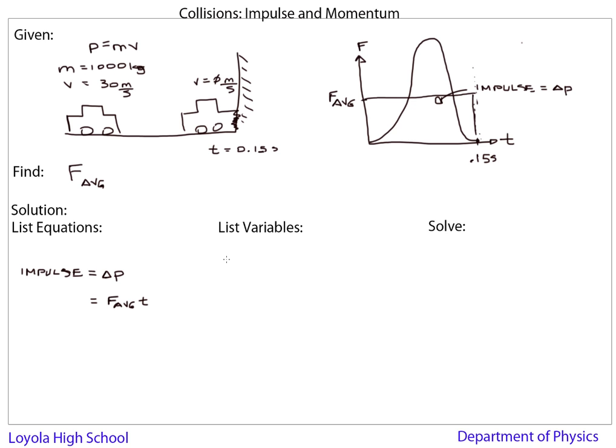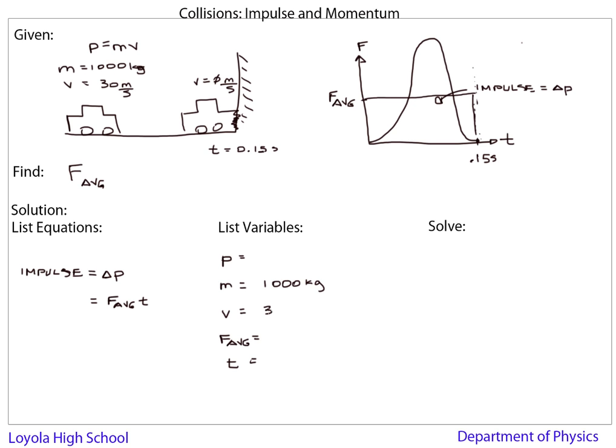So let's look at the variables here. P, M, and V, and then the average force, AVG, and the time of the collision. So let's see, the mass we know is 1,000 kilograms, and this has got to be in kilograms for the units to work out.